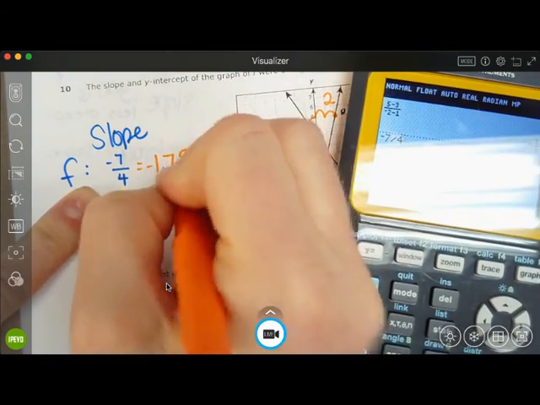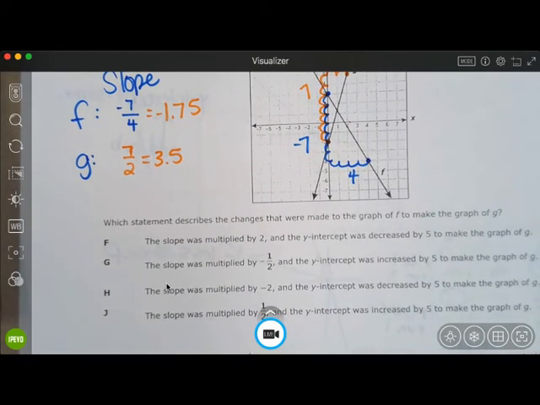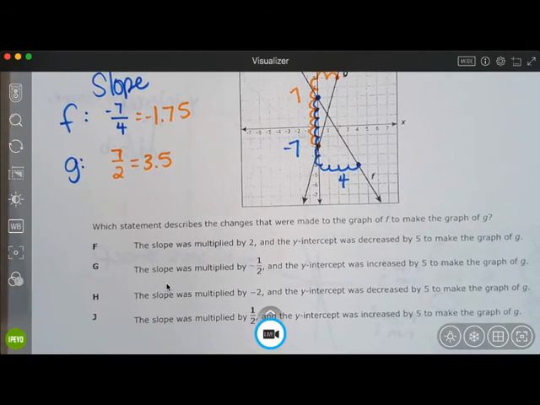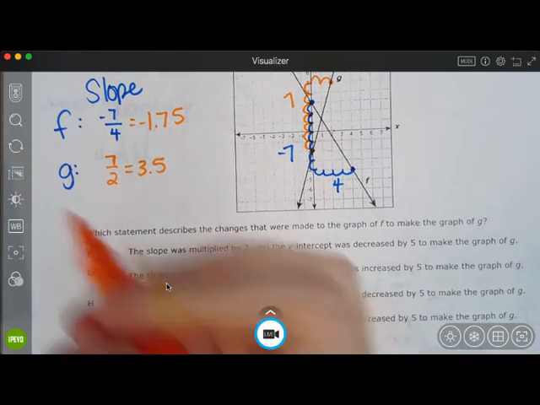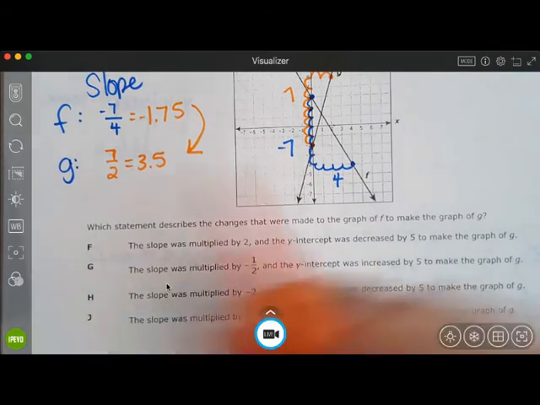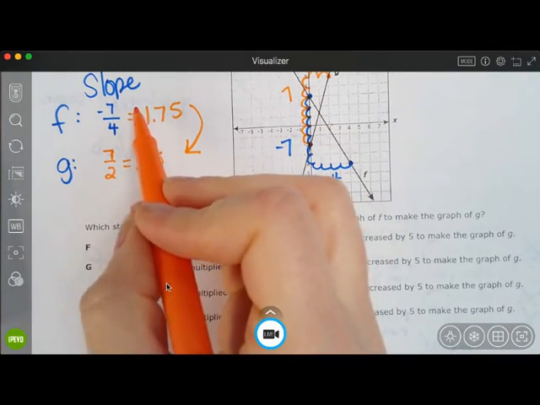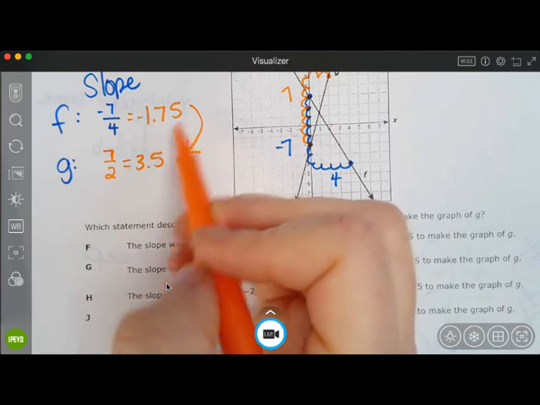So that way we can compare them easier. Okay, so what would the slope be multiplied by to get from F to G? What am I going to multiply negative 1.75 by to get 3.5?